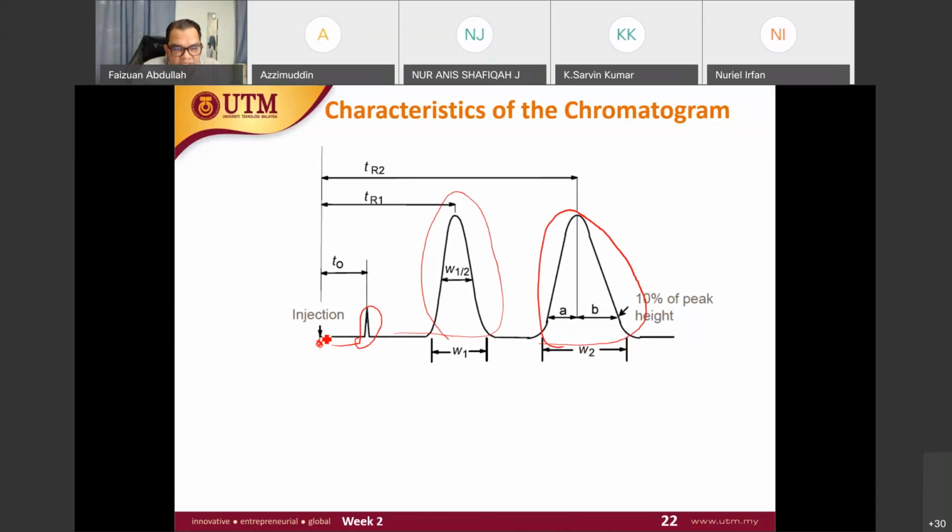The time between the injection and the first peak is, for example, T naught, T0. Then for the second peak, we have TR1, and for the third peak, we have TR2. So this is the peak.